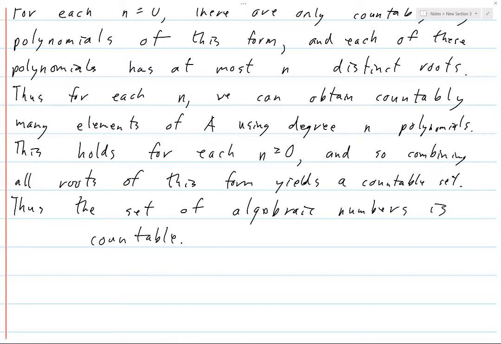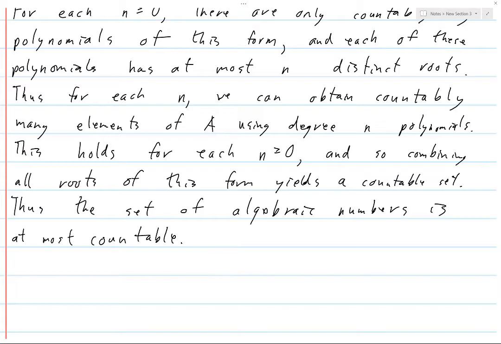but we're technically not, because what have we proven? We've proven that the set of algebraic numbers is at most countable. If you want to be really specific about what the question is asking, it says to prove that there are countably many algebraic numbers.